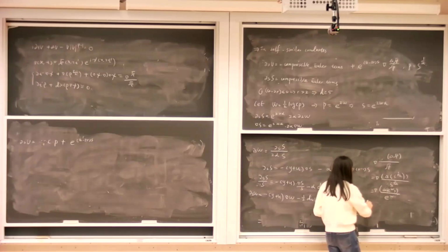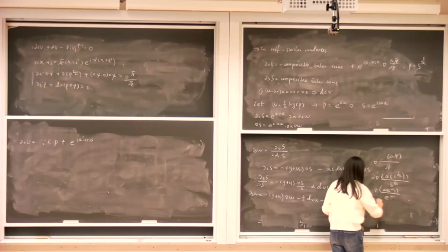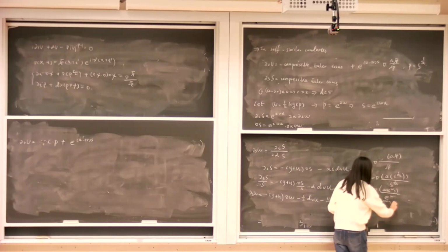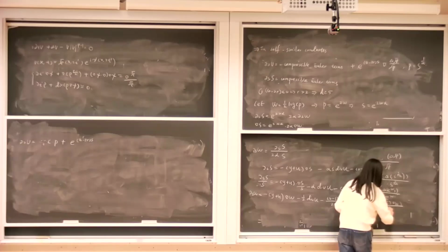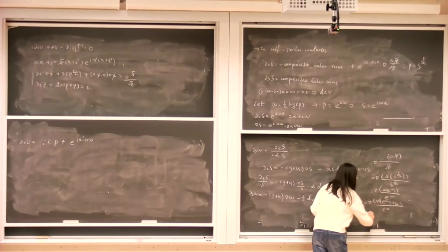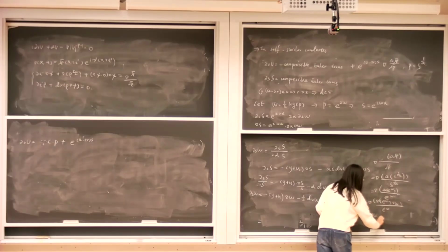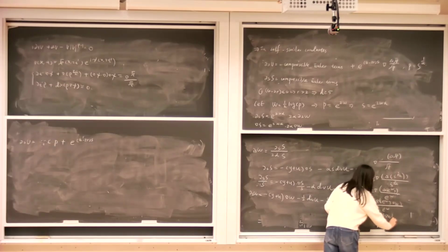And then this gives you gradient e to the w, gradient w, e to the w. So this is gradient Laplace w plus the gradient w squared.